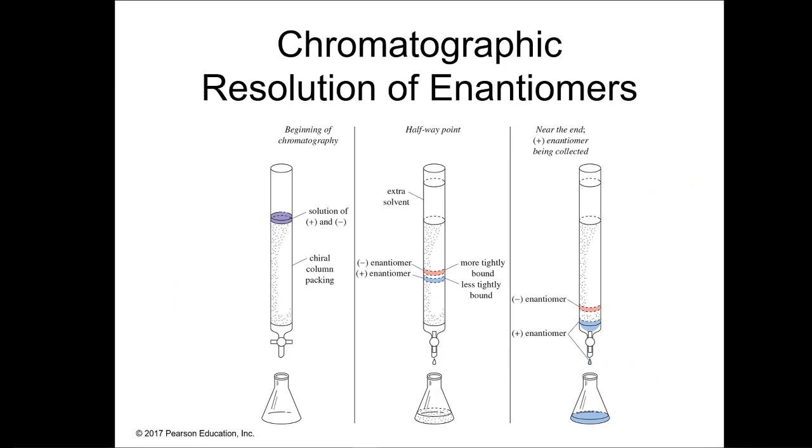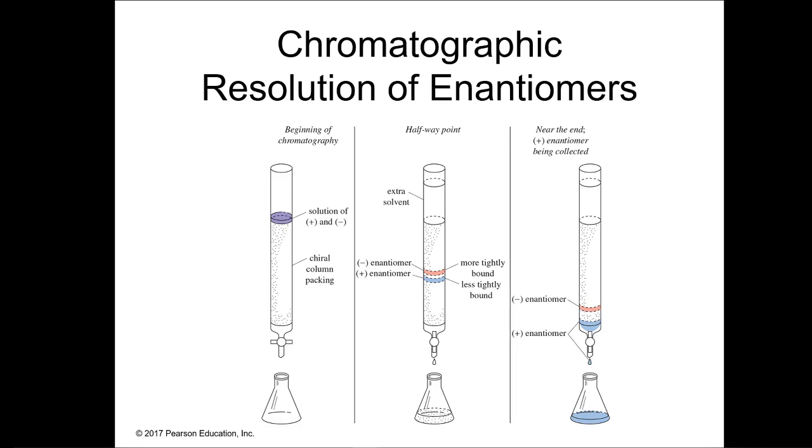The other way you can do it is you can put it in a column. You're going to look at column chromatography in one of your labs, and the basic idea is you put a column of some material, and this is the idea of all chromatography. You have some material that's going to cause some chemicals to run faster than others.